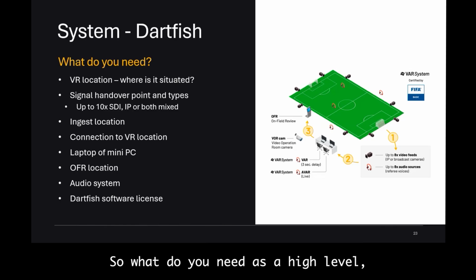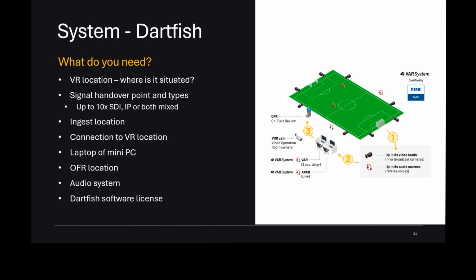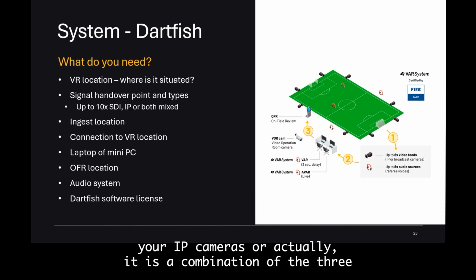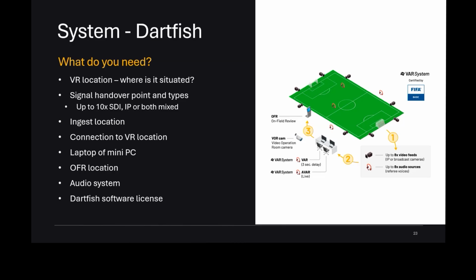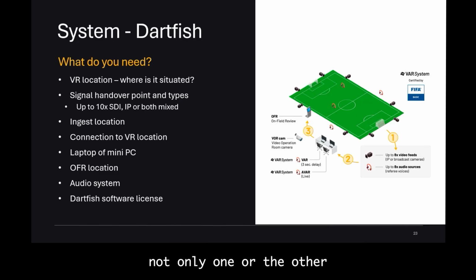So what do you need? As a high-level graph, you will need to collect the camera feeds. Whether it is a production by TV, or you want to set up your IP cameras, or as a third option, you can mix SDI and IP inputs, not only one or the other.